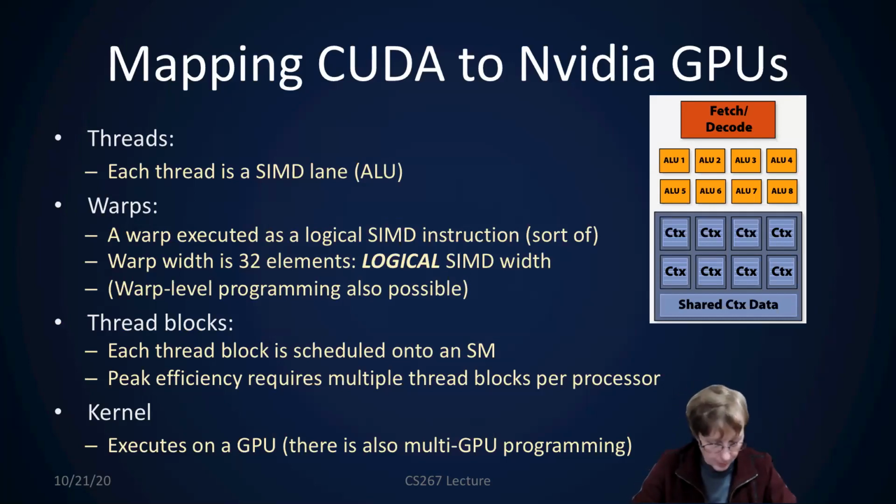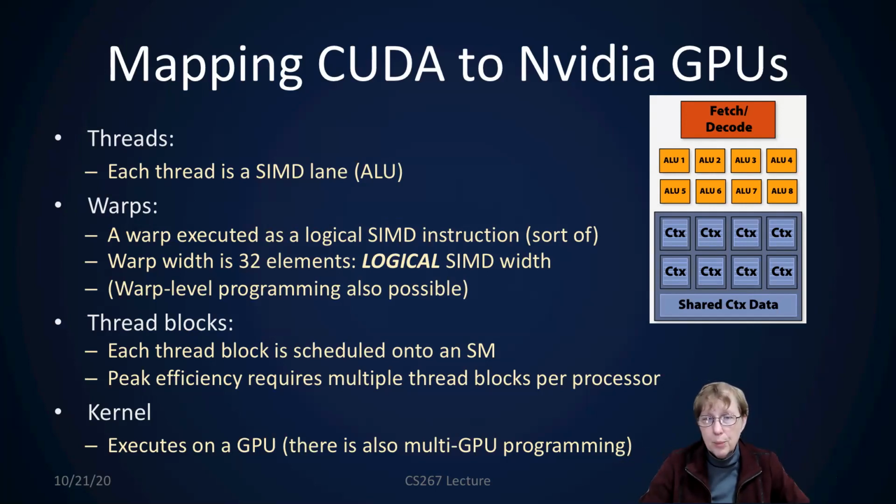So one thing about warps, and then I'll wrap up here, and how things map onto hardware. Although we have, say, 1024 threads, a maximum number of threads in a thread block, they get mapped onto a smaller set of hardware that's called a warp. A warp is going to have 32 elements, and that's the logical SIMD width.